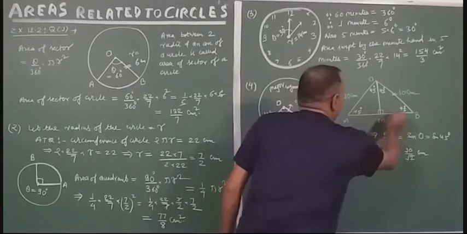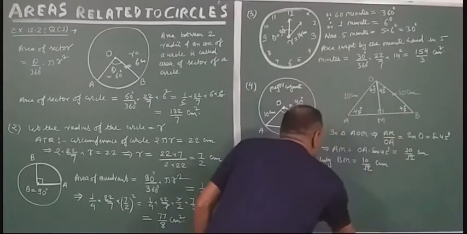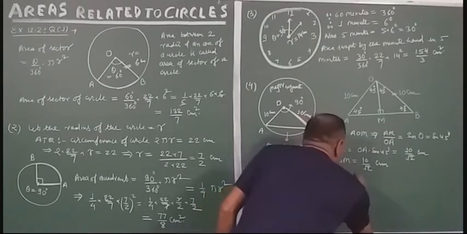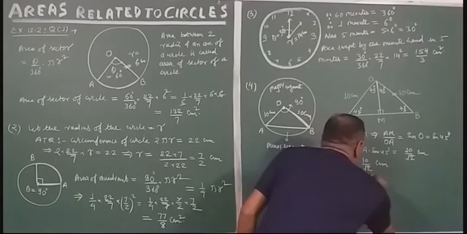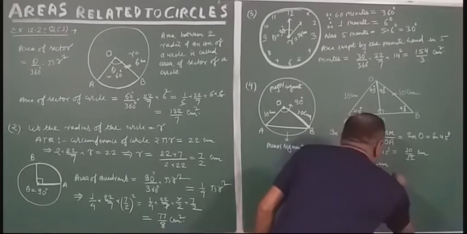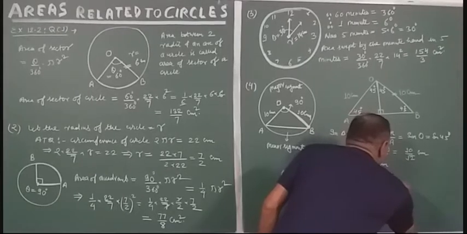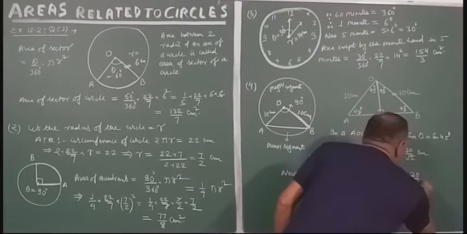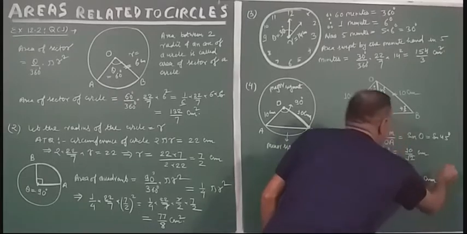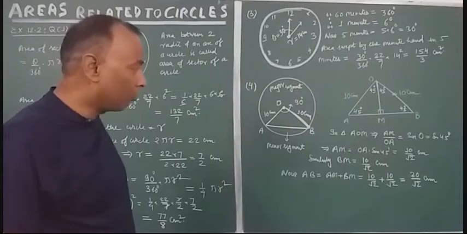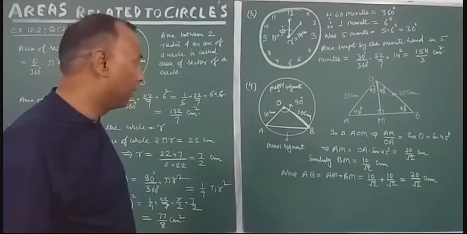This AM plus BM. So this is 10 upon under root 2 plus 10 upon under root 2, that will be 20 upon under root 2 centimeter.